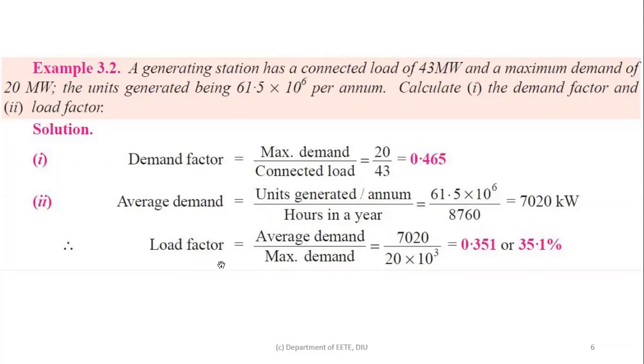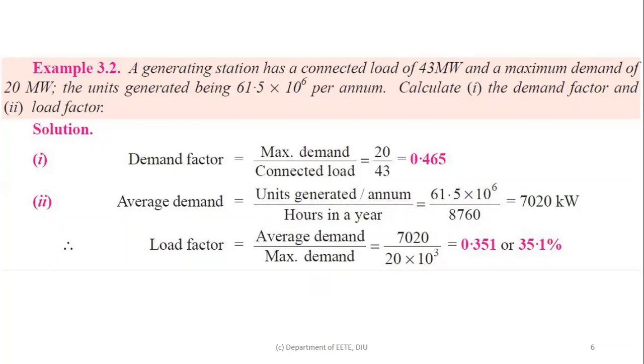We always need to write the equation first, then see what is given and what is missing. The missing terms we will find out anyway. The load factor is basically the average demand divided by the maximum demand. The maximum demand is given, which is 20 megawatt, but the average demand is not given.